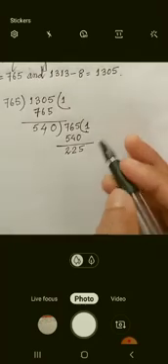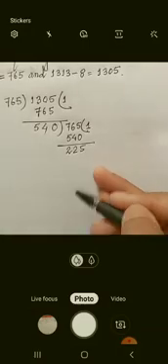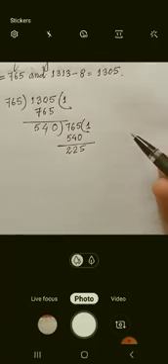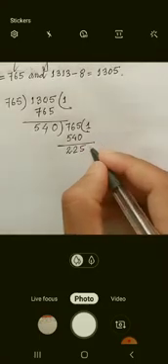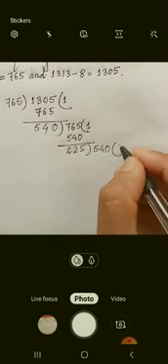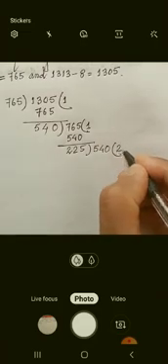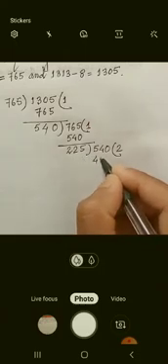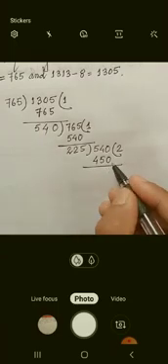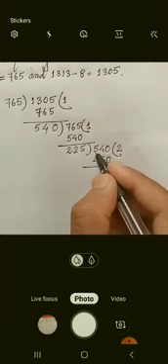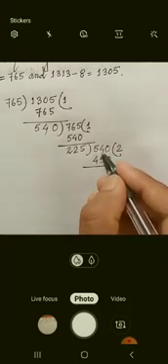Now again, in this step we follow the same process. This 225 becomes the divisor, and 540 becomes the dividend. 225 two times: 2 times 225 is 450. Now subtract. It is not possible to subtract 5 from 4, so borrow 1 from 5, making it 14.